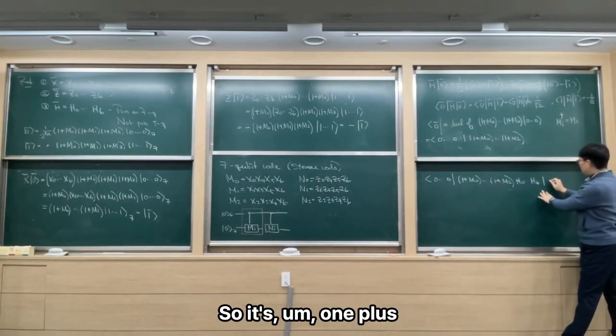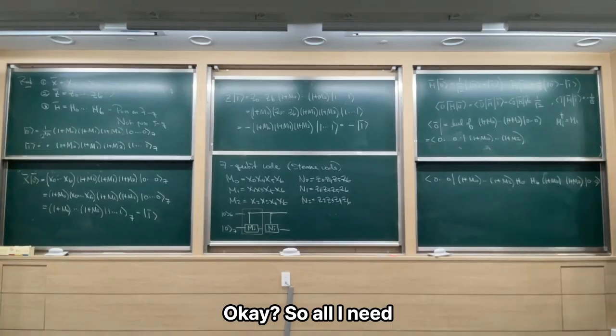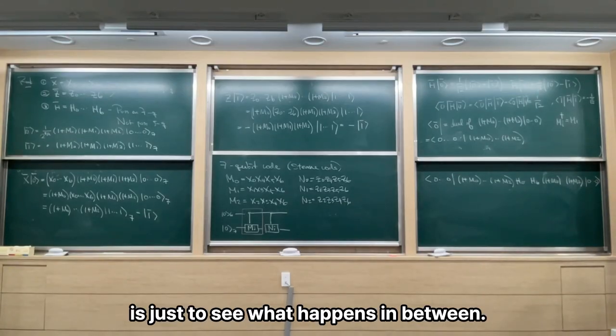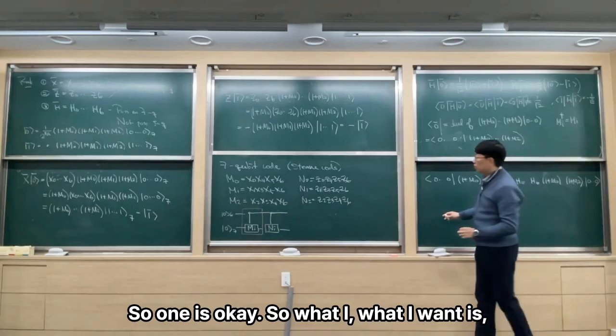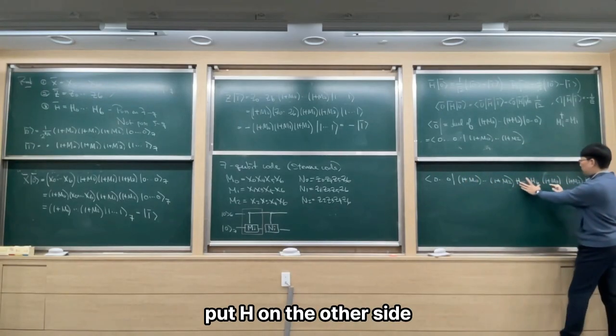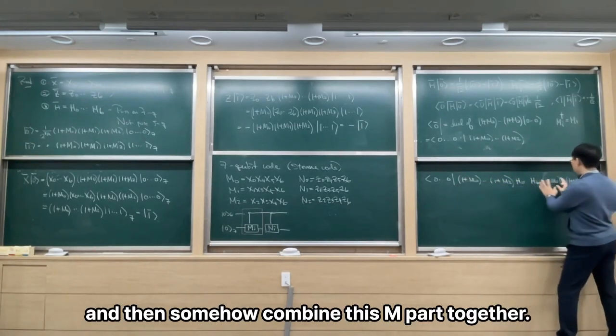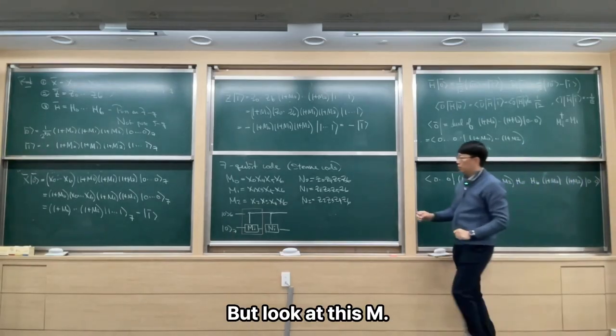So it's 1 plus m0, m2, 0, 0. Okay. So all I need is just to see what happens in between. And here's the funny thing. So 1 is okay. So what I want is put h on the other side and then somehow combine this m part together.